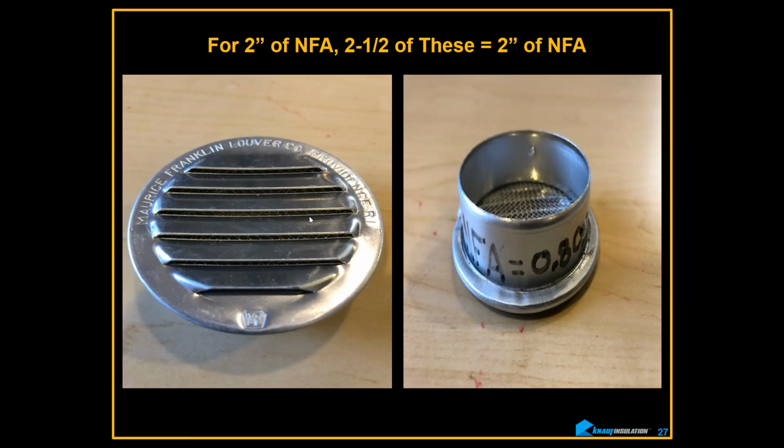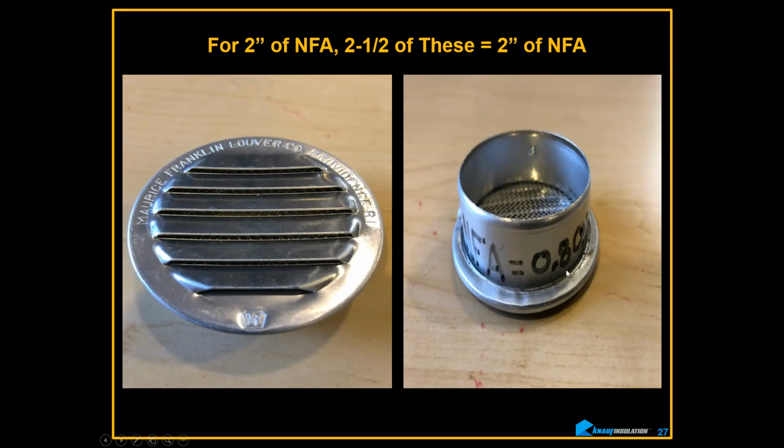And that is the area that's left after you take all these louvers and push them to one side, and you take all of this screen behind it and push the horizontals and the verticals to one side, whatever is left is the net free area. So this 2-inch vent does not give me 2 inches of air. It only gives me 0.8 inches.